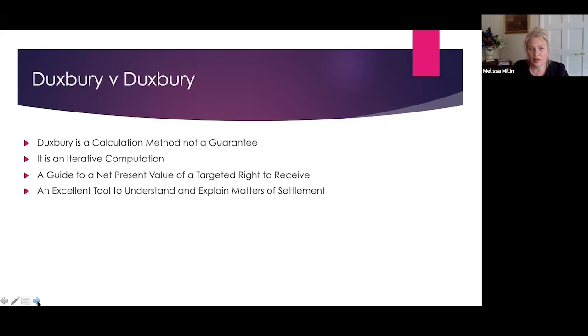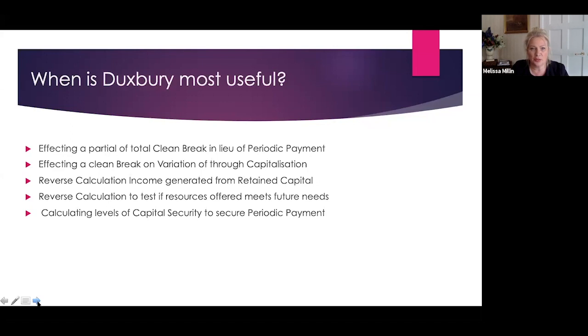So if we look at where the Duxbury calculation might be useful, for very obvious areas, effecting a clean break in lieu of a periodical payment, it can be used to effect a clean break through variation. Again, that's another use of capitalisation.